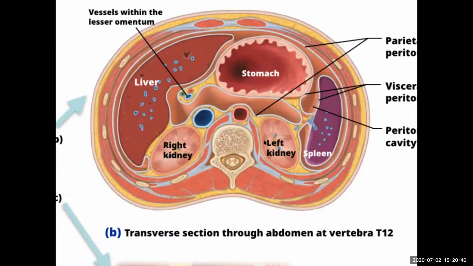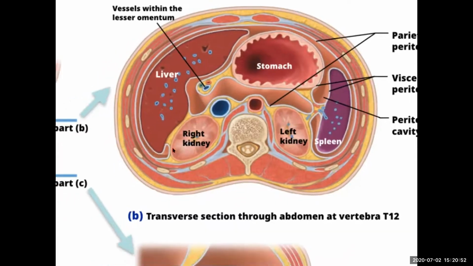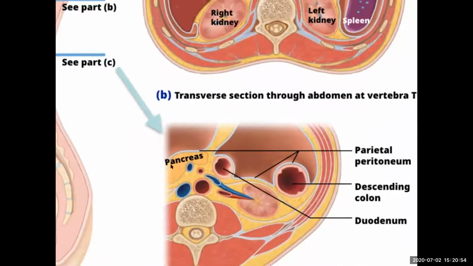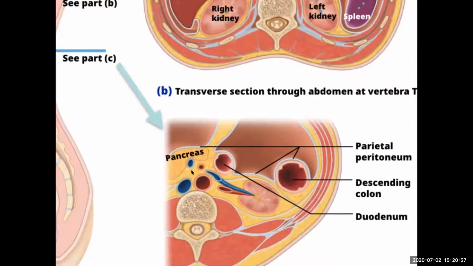So that includes your kidneys, okay. You have the aorta, the inferior vena cava, okay, and also the pancreas. Let me see if I can find pancreas, okay.